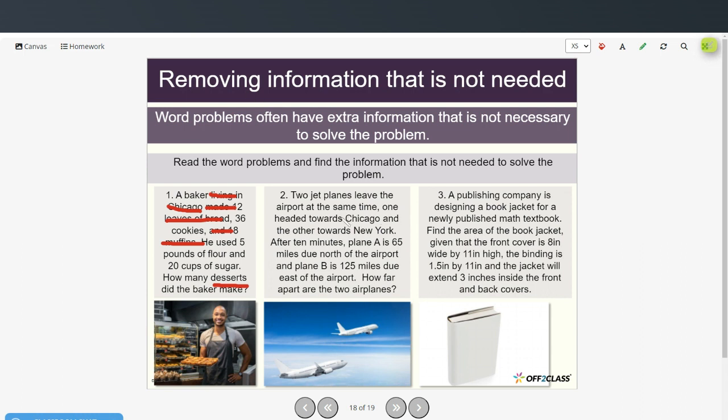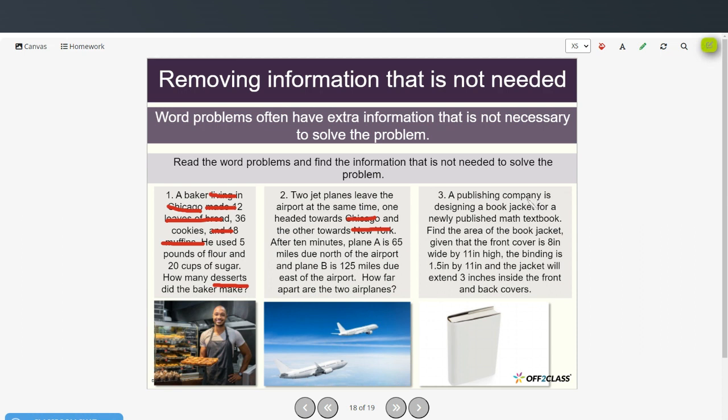Well, we don't need to know where they're going, Chicago and New York. We just need to know that they're going in different directions, because one is going north, one is going east, and so we don't need to know that they're going to Chicago and New York.